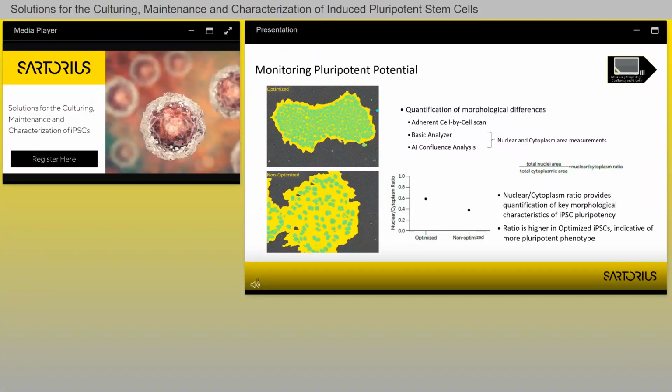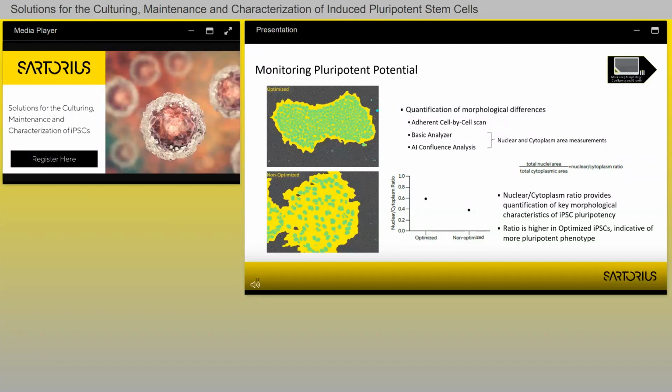What you can see on the left-hand side in the images are the masking used by the system in order to identify the total area of the confluence and then the individual nuclear area from the Nuclite red staining.